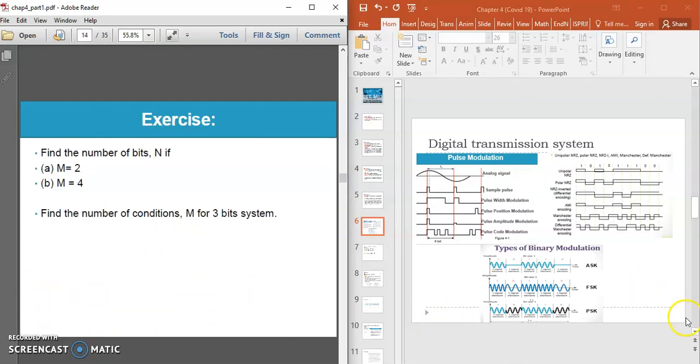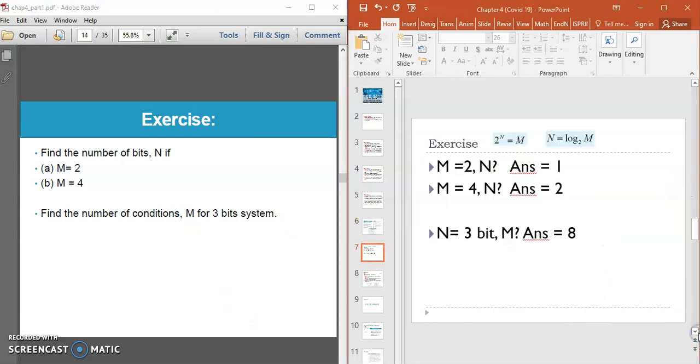Okay, now for example, given M equals 2 and M equals 4, find N. So how to find it? Use the formula N equals log 2 of M. You put this value 2, and for the second example you put 4. So you get the answers 1 and 2.